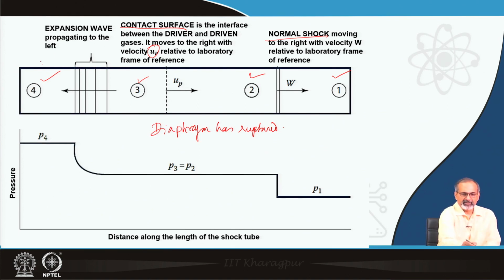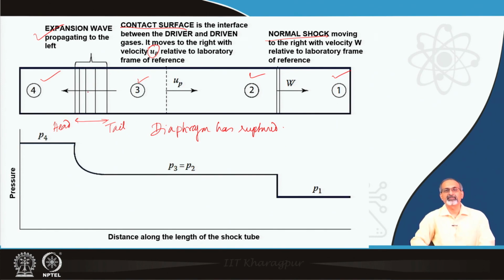And on the other side, you have an expansion wave propagating to the left, and you have the head and the tail of the expansion wave and the series of wave fronts indicated through the straight lines, a series of straight lines which we have represented there.